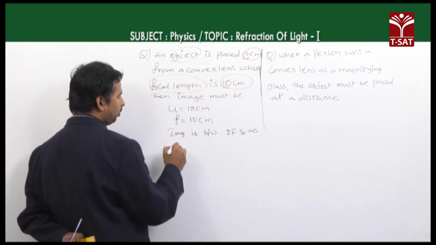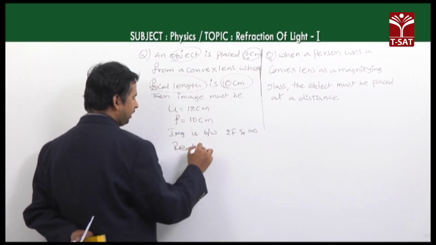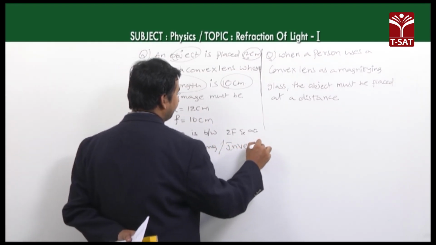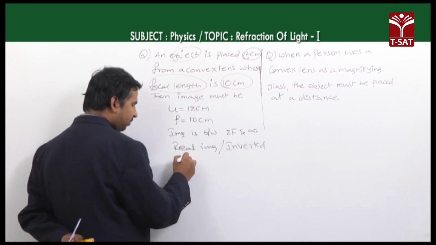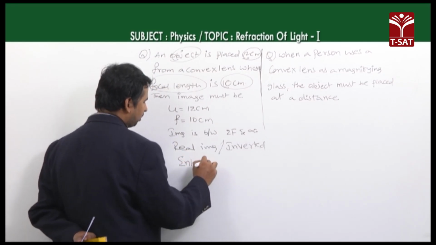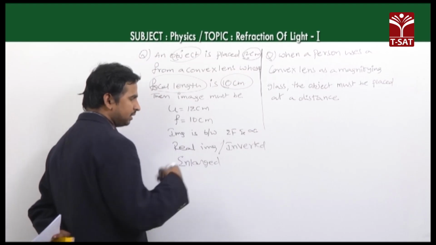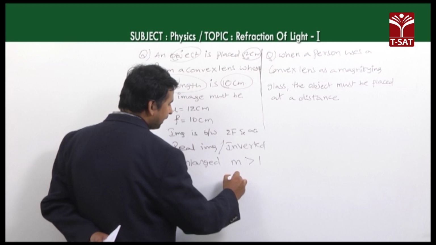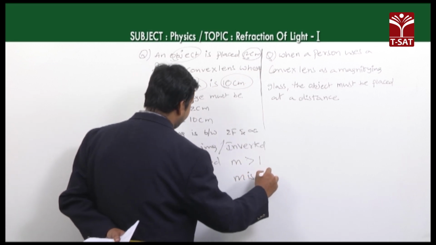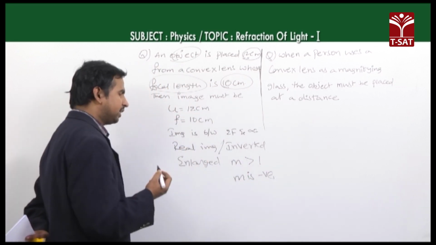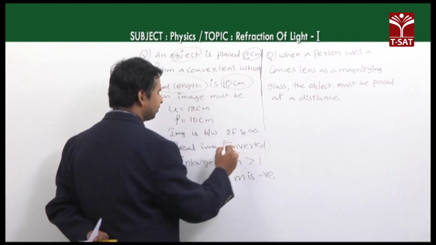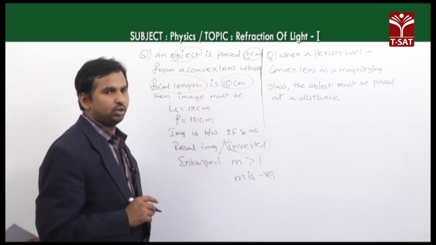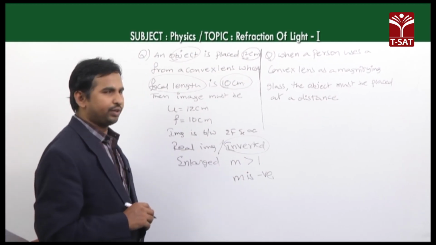It forms a real and inverted image, and the image is enlarged, so the m value is more than 1. The m value is also negative, and that negative represents an inverted image. So M is negative and greater than 1.